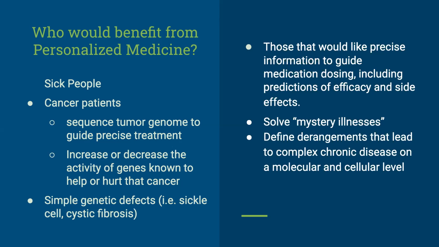It will help to define derangements that lead to complex chronic diseases on a molecular and cellular level. That one's kind of a mouthful, but things like heart disease, for example, have very many processes that add up in the long term to heart disease. Inflammation is certainly a huge factor.